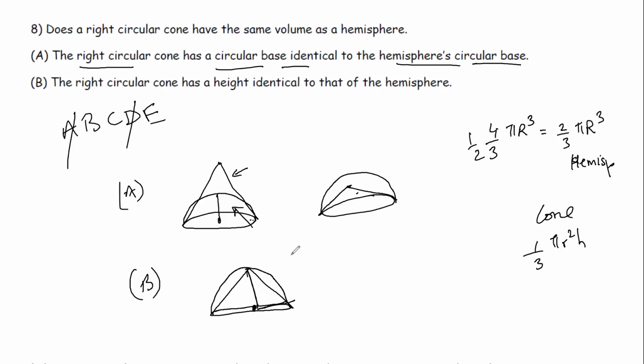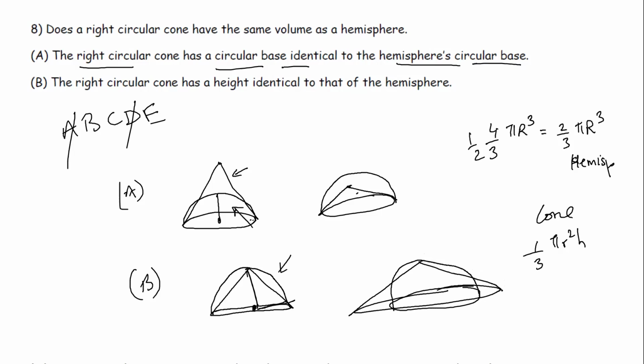So we could have a situation like this, where I've shown that the bases are overlapping, height is overlapping, correct? Or we could have a situation like this, where this is my cone, and my hemisphere could be like this, where the bases are not overlapping.